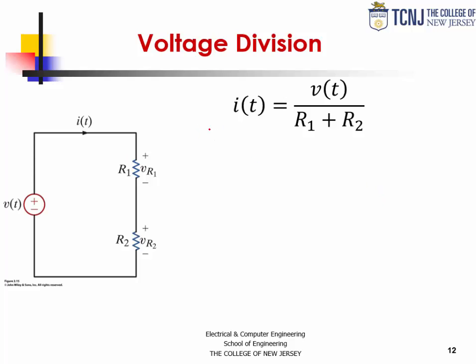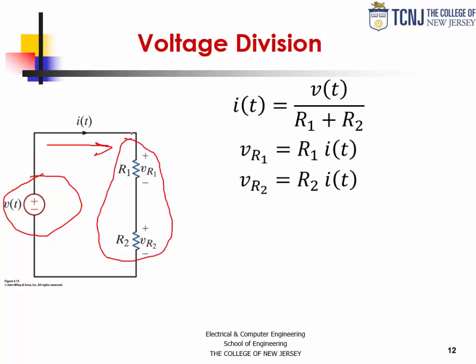We can say that the current in the loop is equal to the voltage divided by the sum of the two resistors. And remember that we got that by using Ohm's law to express that the voltage across the resistors is equal to the current times the resistance.